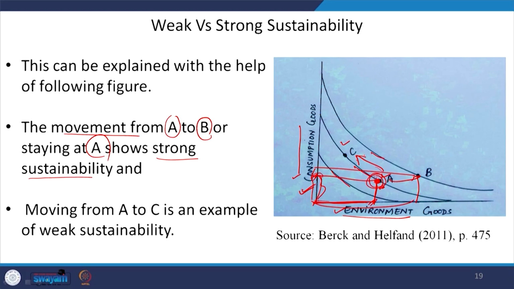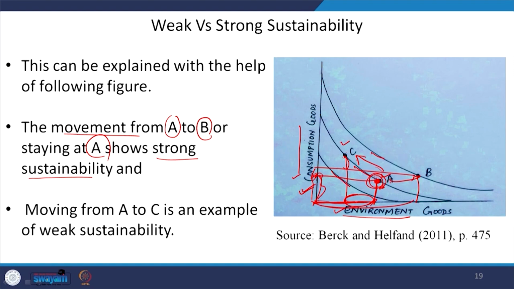However, although the consumer's level of satisfaction is constant if he is moving from A to C, he is sacrificing this level of environmental goods, and he is getting this larger amount of consumption goods.